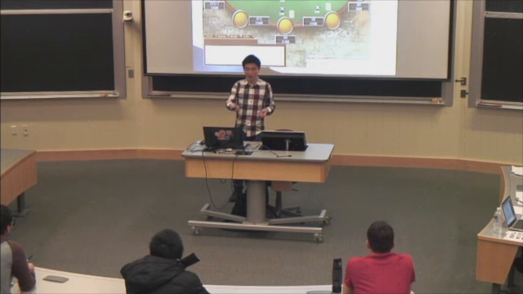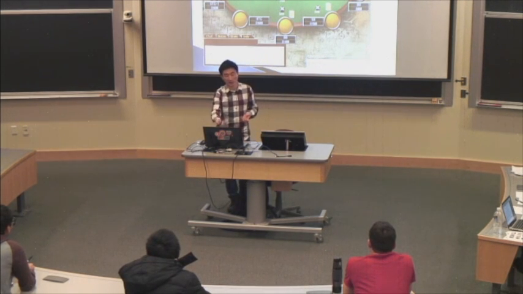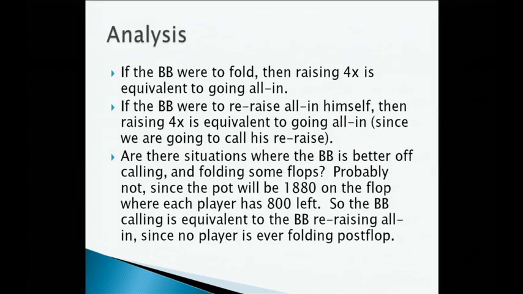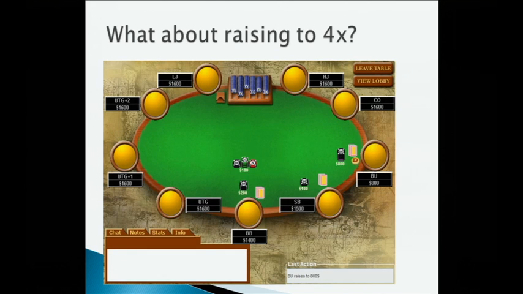Okay, fine. If you want to get around that, you can make it 800. If we make it 800, it's more or less equivalent. If they were going to fold, they're still going to fold. If they were going to re-raise all in, we're still going to call. I'd say in this exact situation, raising to 800 is pretty much the same as making it 1,600.